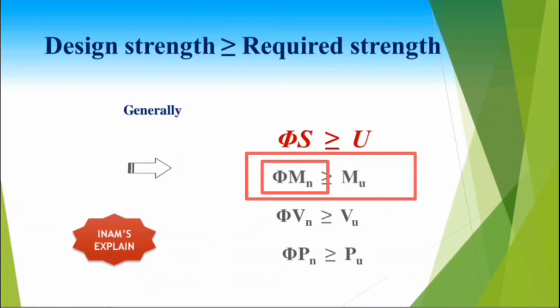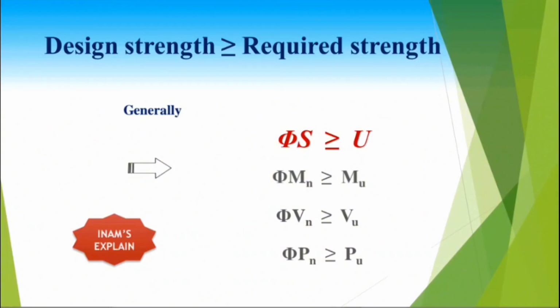The moments produced by these loads are called the ultimate moment. Now Mn is called the nominal moment, the resistance provided by the section to resist the ultimate moment. This can be calculated by formula, and multiplying it by the strength reduction factor, we will gain the design moment. The design moment should be greater than or equal to the ultimate moment.